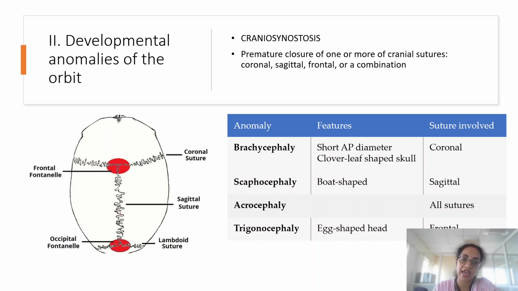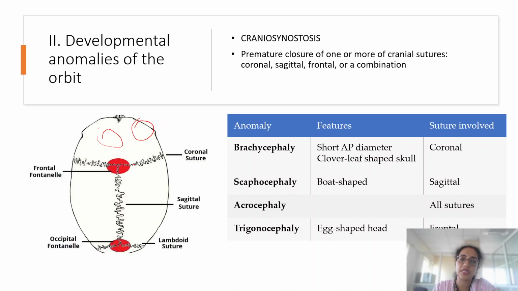Sagittal suture is parallel to the anteroposterior axis. These two sutures are very important for us because the eyeball and the orbit are somewhere here. So what is craniosynostosis? It is premature closure of one or more cranial sutures, either coronal, sagittal or frontal, or a combination.